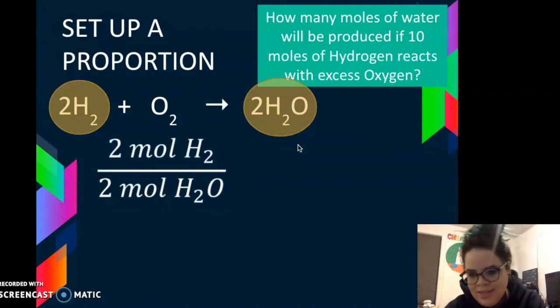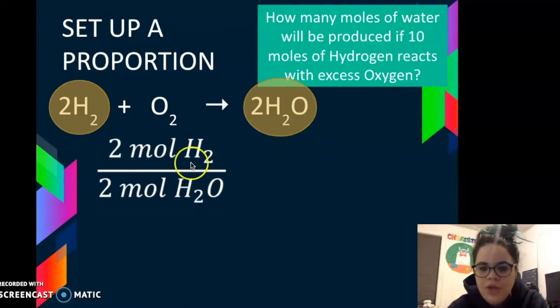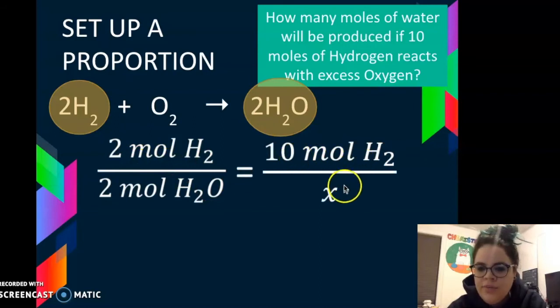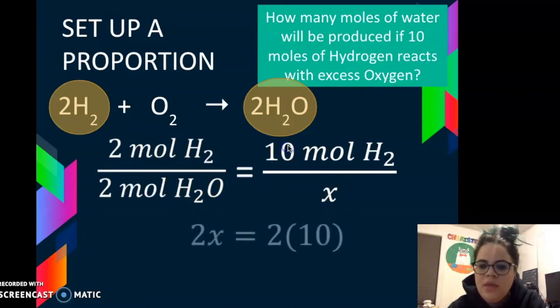Now, some of you may already see the answer, but in case you don't, I'm going to keep going with the math. You're going to set this equal to the proportion in the real world problem, meaning we don't have 2 moles of hydrogen, we have 10 moles of hydrogen, and we're trying to figure out how many moles of water. From here, you cross multiply. 2 times x equals 2 times 10, which gives us 2x equals 20.